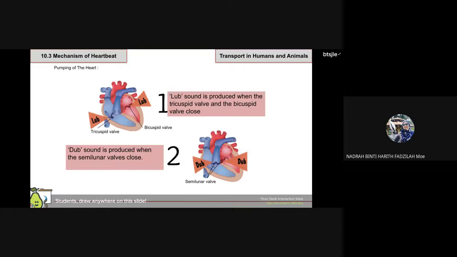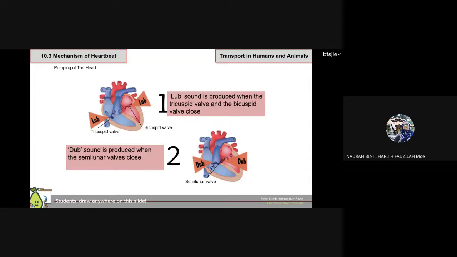Okay, dan lap-dap sound ni lah digunakan untuk estimate atau to make educated guesses. Doktor buat educated guesses untuk investigate your heartbeat okay ke tak, is it at a good rate atau adakah dia punya rhythm tak sekata dan sebagainya lah.